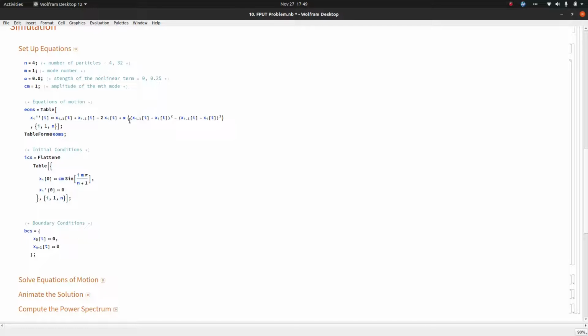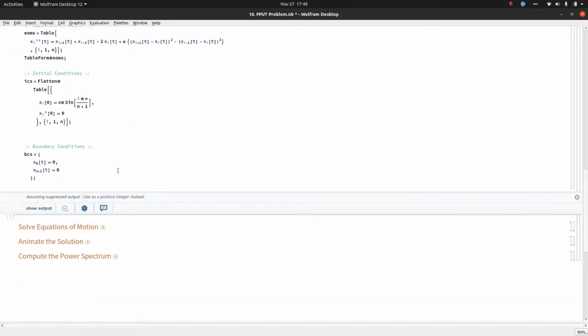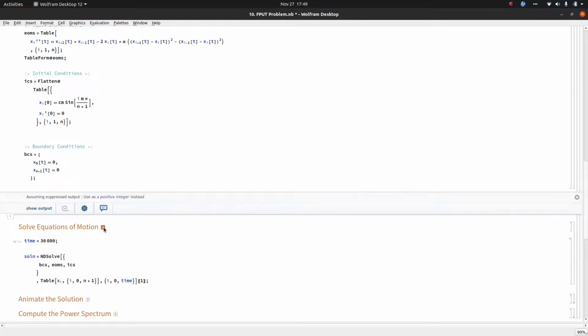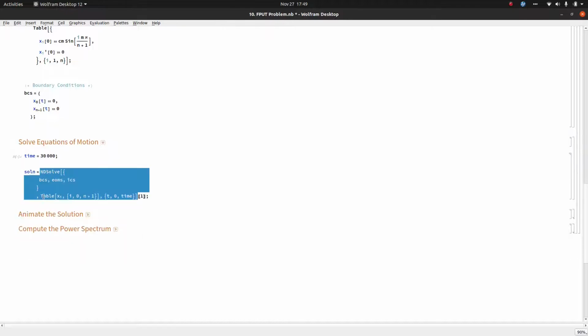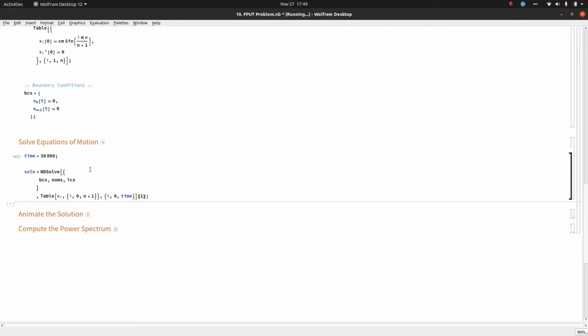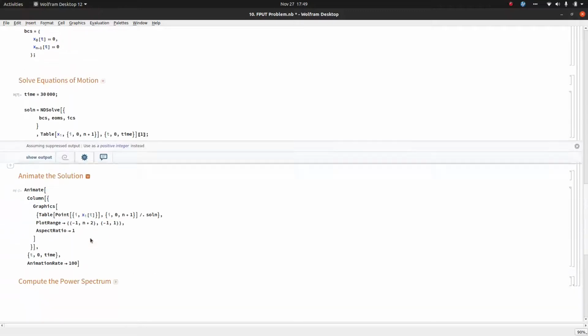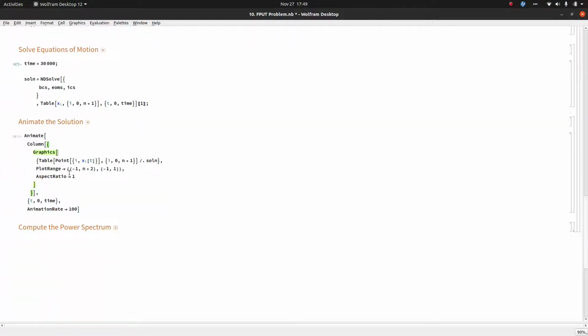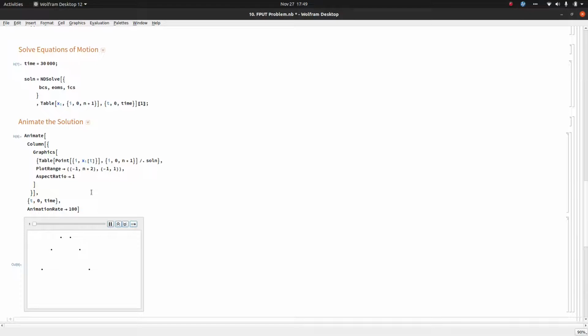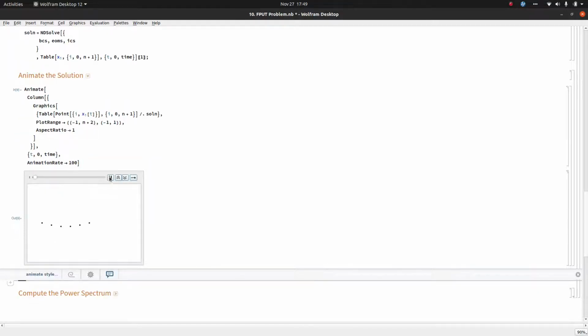So we're just going to run this. We're going to solve our equations of motion using NDSolve. The numerical differential equation solver will do it for a total time of 30,000 units. And we will animate that solution.